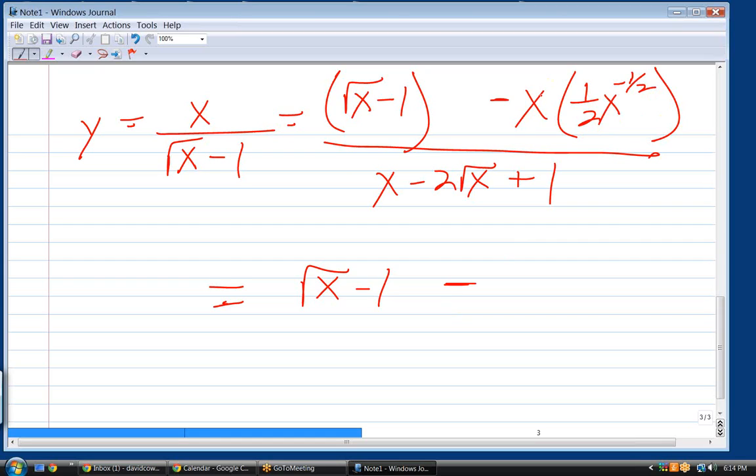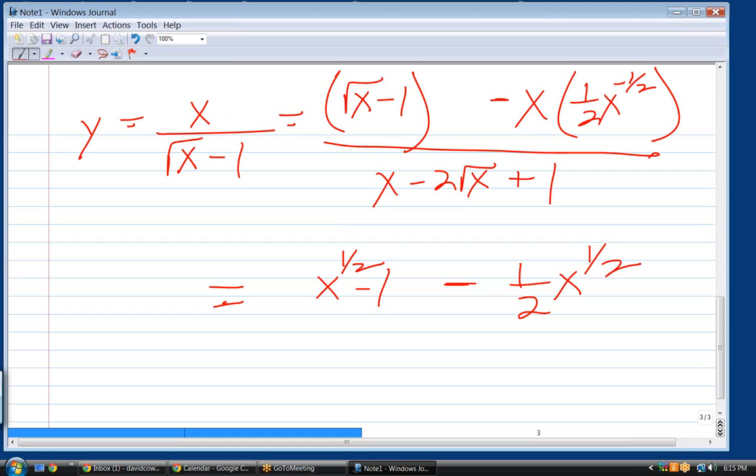Notice that if we distribute this, x times x to the minus 1/2 is x to the 1/2. Oh, because it moves up a full interval. Exactly. And I can rewrite this x as x to the 1/2. So there's our new numerator.